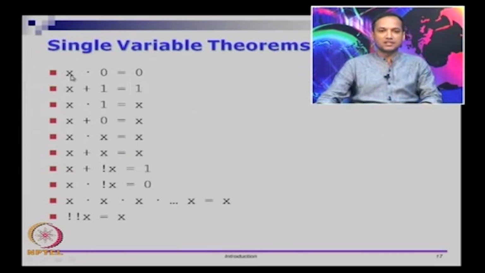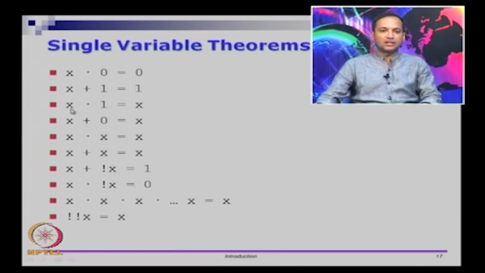So in this case x and 0 is 0. What it says is if there are two inputs to an AND operation and if one of the inputs is 0, then the output is 0 no matter what x is. That is what you see here as a theorem. Similarly, the way I would read this is, if one of the inputs is a 1, it does not matter what the other input is, the output will always be a 1. So this must be a 1, it is a mistake, I am sorry, this must have been a 1.